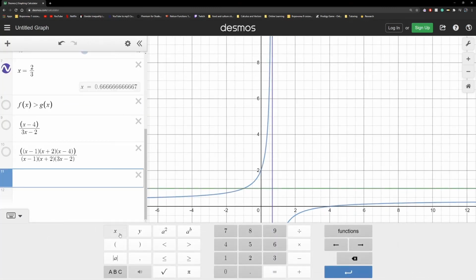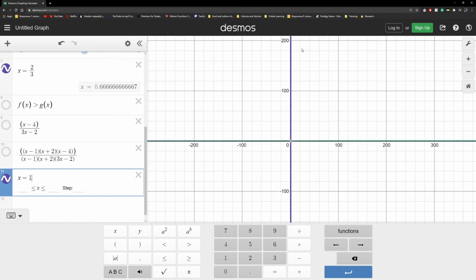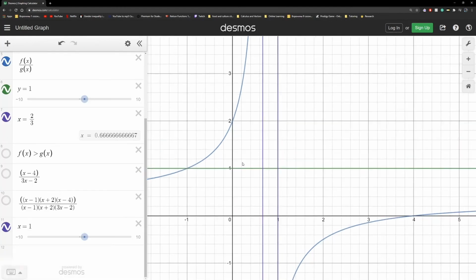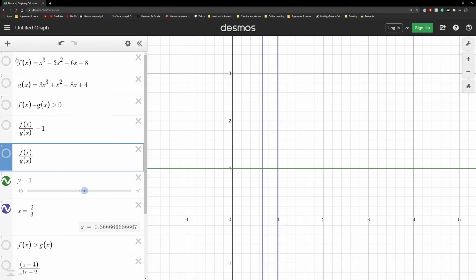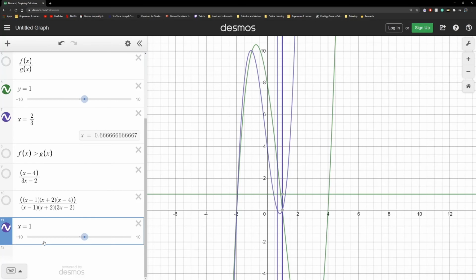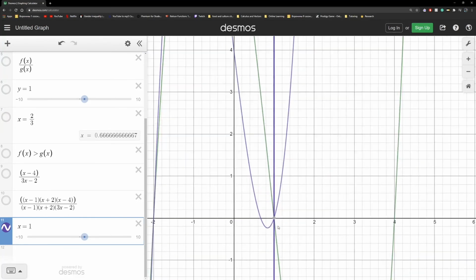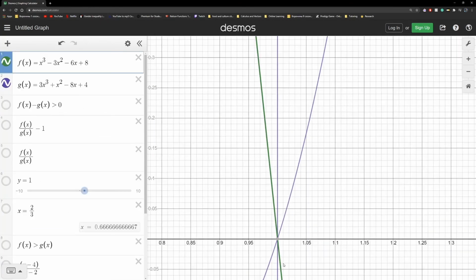So at x is equal to 1, let's see if we could reach it. X is equal to 1. Somewhere over there, we would try to find the value. The function here is not going to give us 1 because the denominator would not have a value, but these two functions would. At x is equal to 1, we have an intersection of, let's see, 1 and 1.